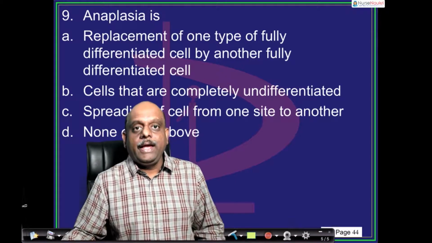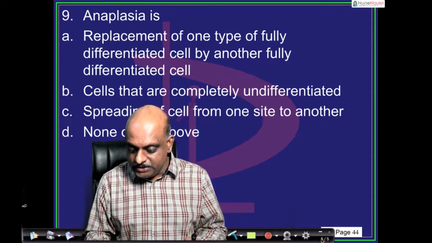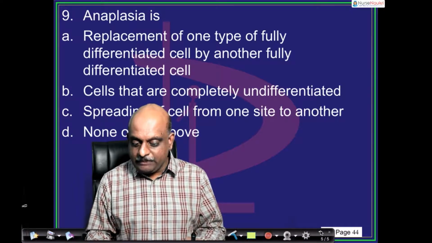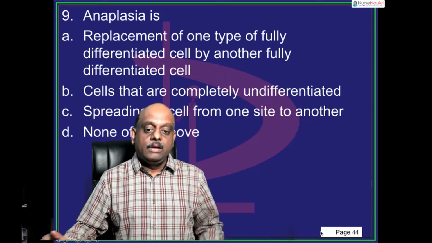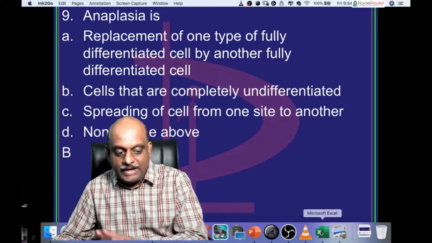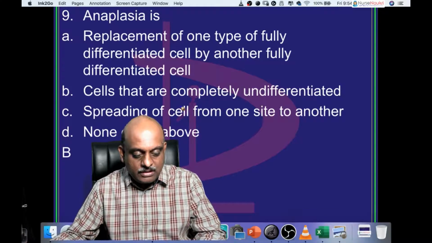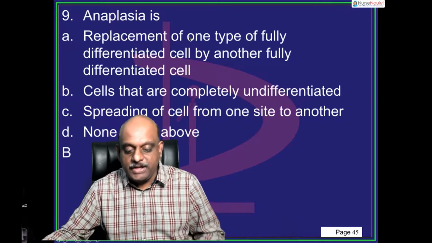Now, anaplasia. What is anaplasia? Anaplasia का मतलब होता है cells which are undifferentiated.